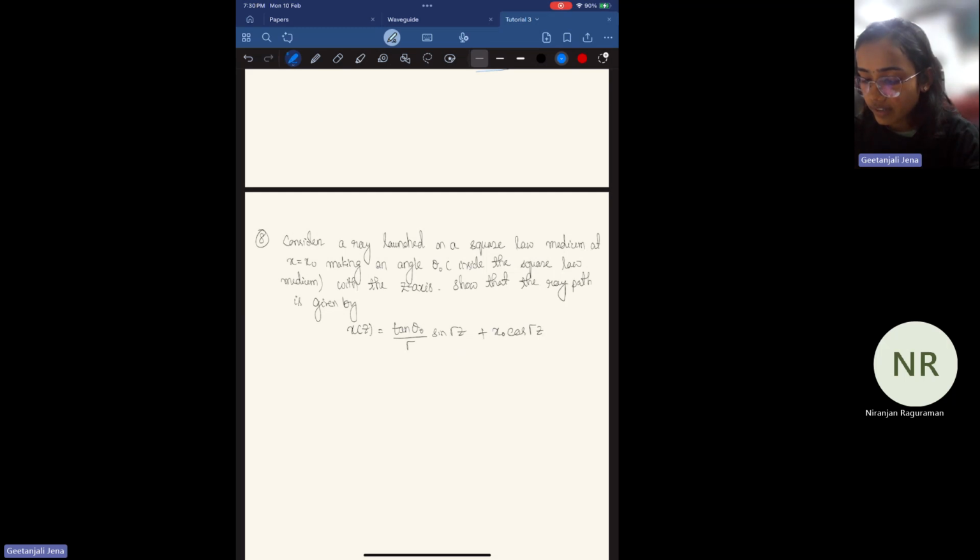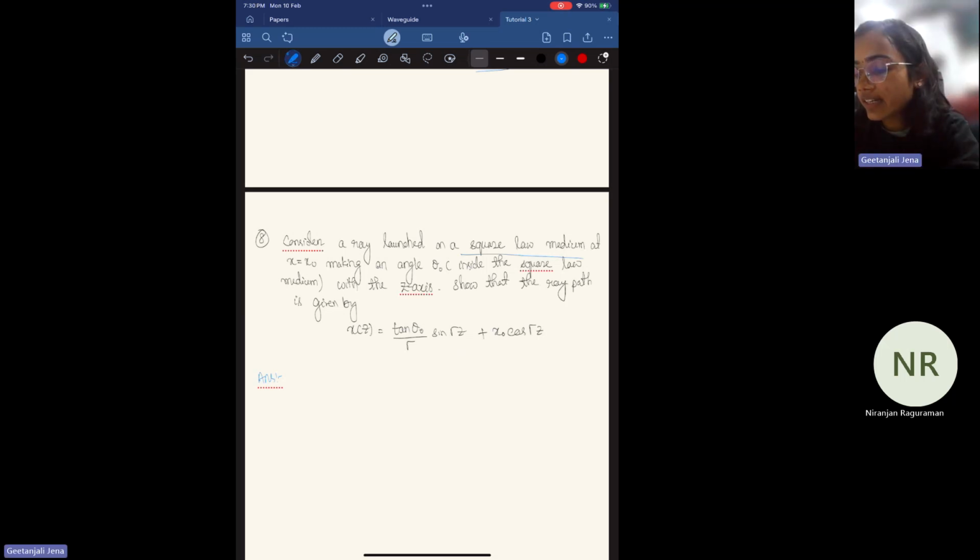It's about finding out the ray path in a square law medium. So square law is like a parabolic index fiber. They are also known as square law medium. Okay, so it's another term that can be used for parabolic index fiber.